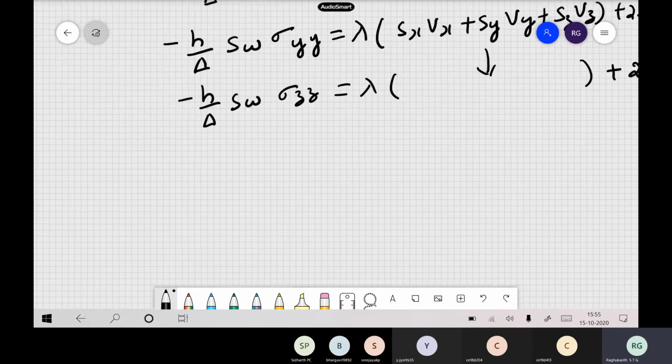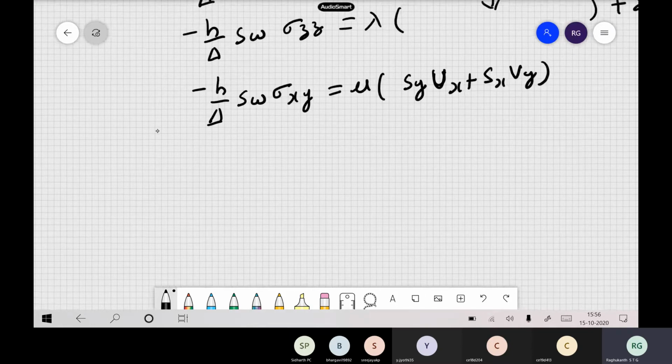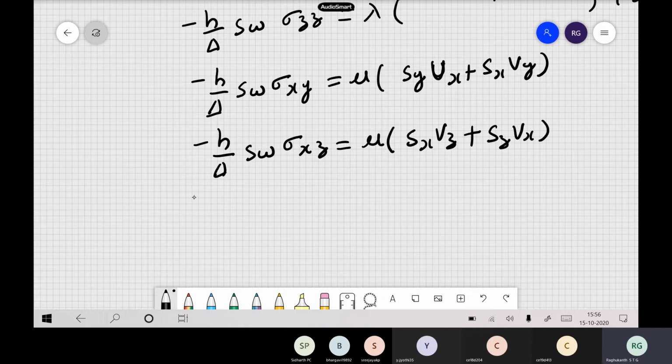Now we write for the shear stresses. So minus h/Δ s_ω σxy is simply μ times (sy vx plus sx vy), and similarly minus h/Δ s_ω σxz equals μ times (sx vz plus sz vx), and similarly you can write for the other component also.